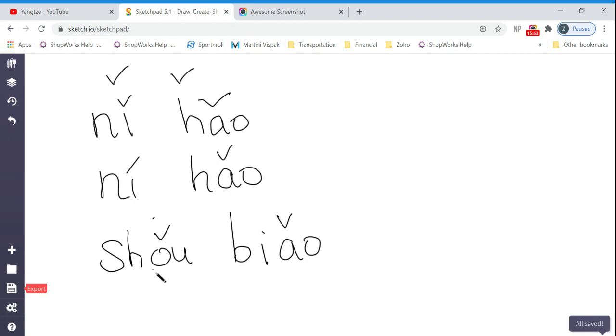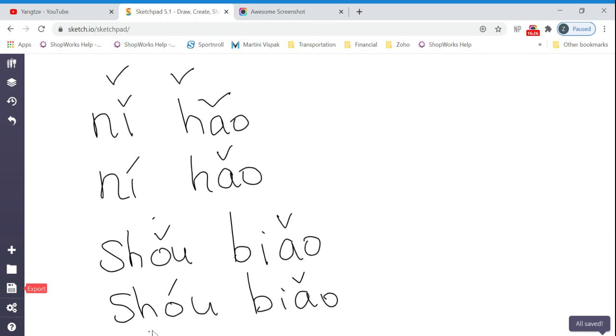These are difficult finals and also a little bit difficult on the initial side as well. This is 手不一熬表手表. That's kind of difficult to pronounce, right? So we change it to second tone.